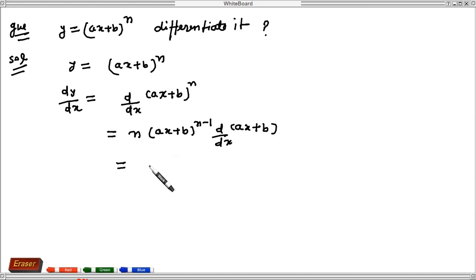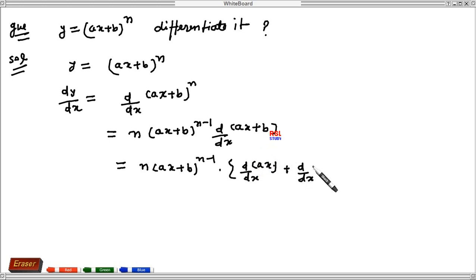Now n times (ax plus b) power n minus 1, and this will be d/dx of ax plus d/dx of b. Since b is a constant, this value will be 0.